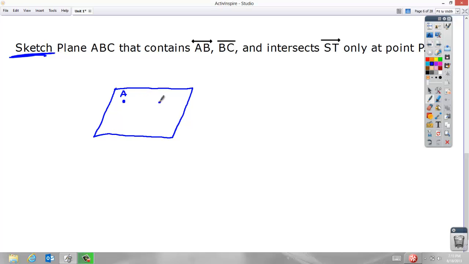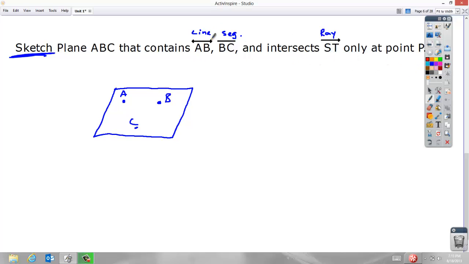Now, what's special about plane ABC is that it's going to contain line AB, segment BC, and ray ST. They're going to be part of this picture also.